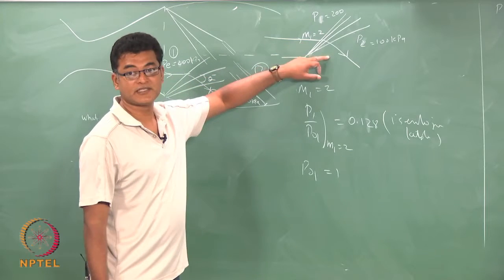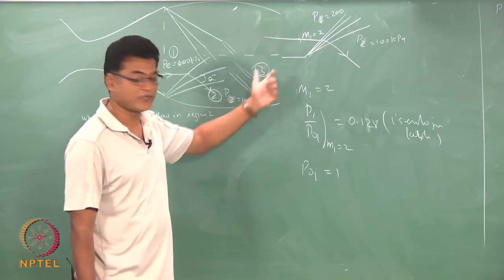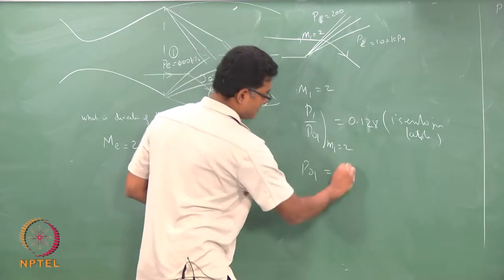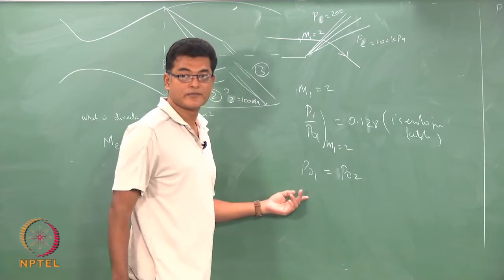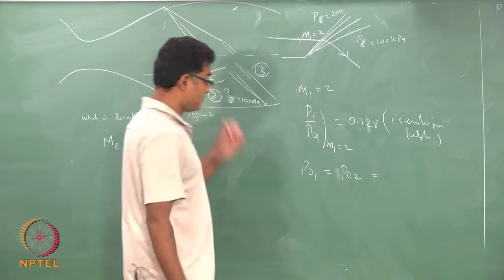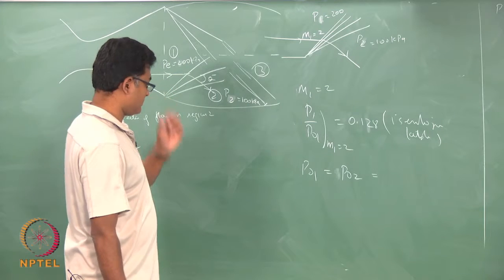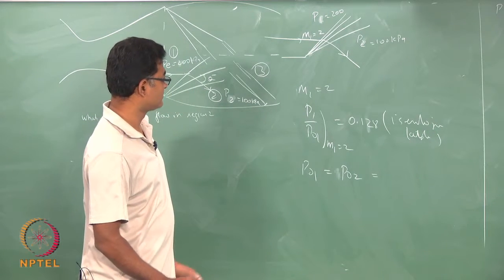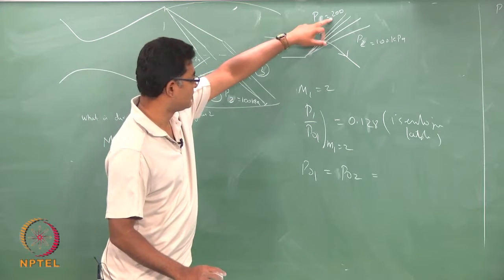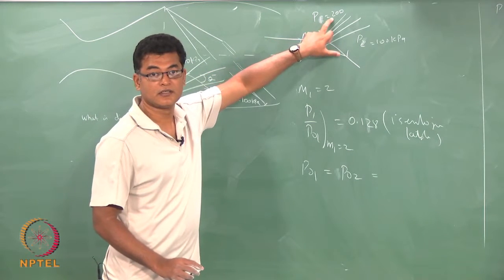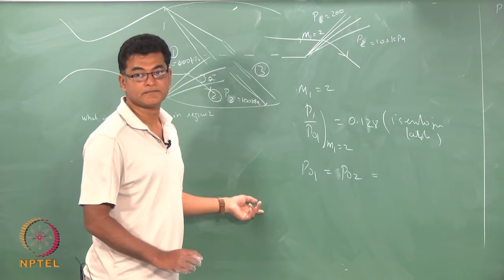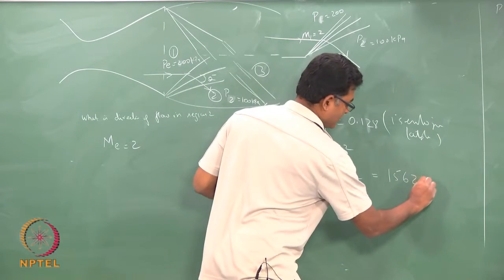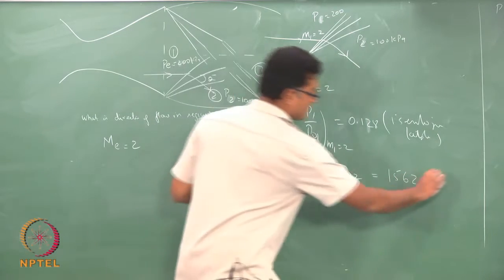Now, this is an expansion, Prandtl-Meyer expansion, that is an isentropic flow. So, your P01 is the same as your P02. This is 200. 1562.5 kilopascal.